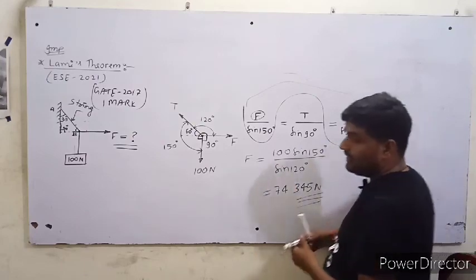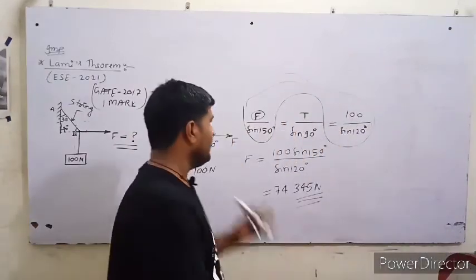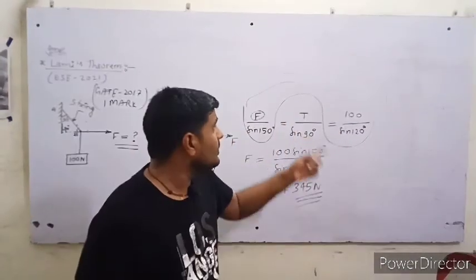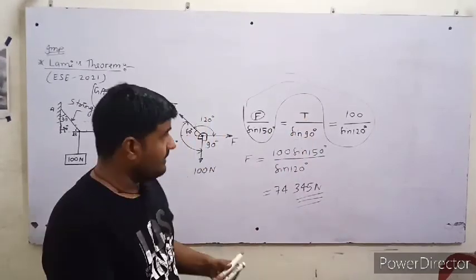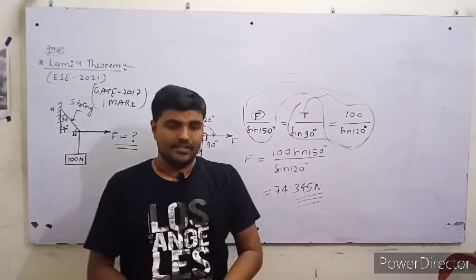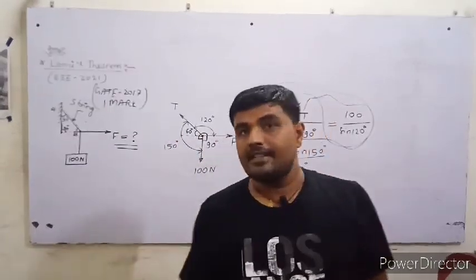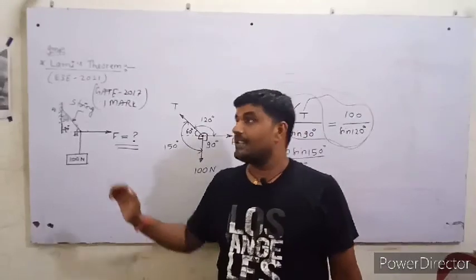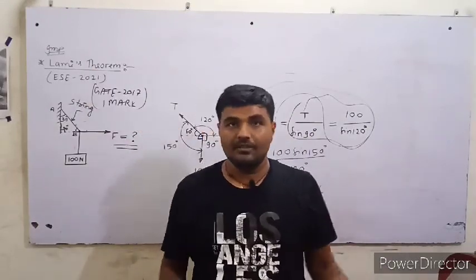So this will be the magnitude of force F. If he wants to know the magnitude of tension T, then we will use the other relation. So students, this is a problem we have discussed from the topic Lami's theorem. Okay, thank you.